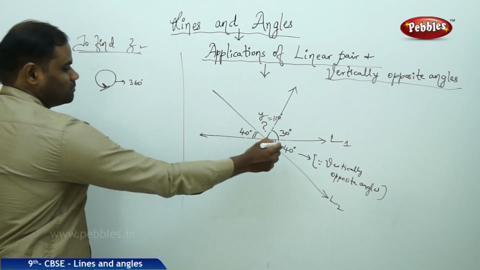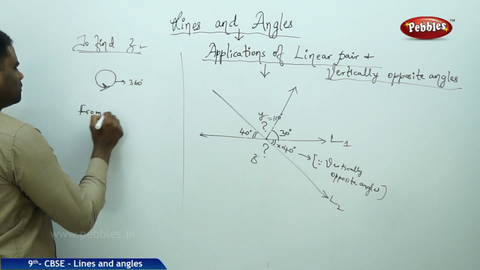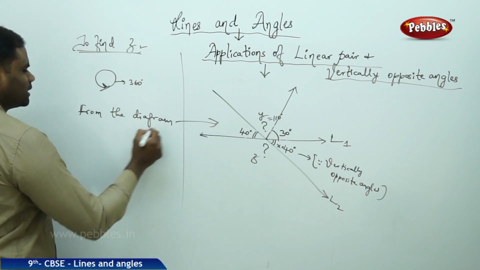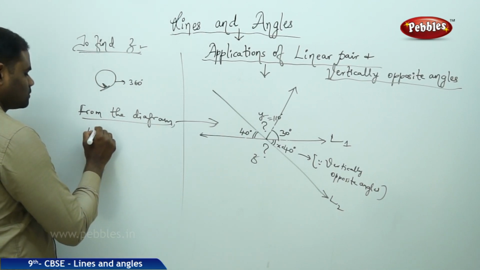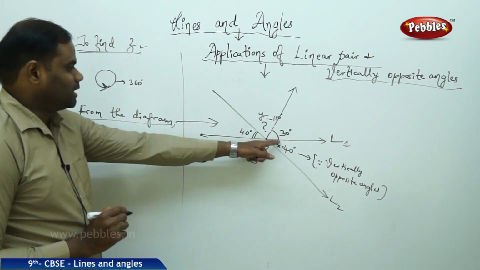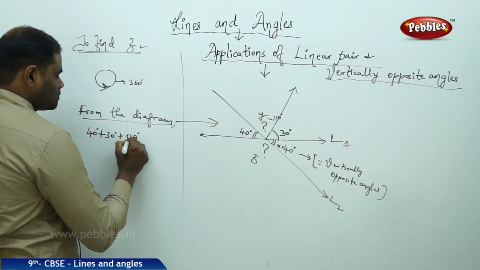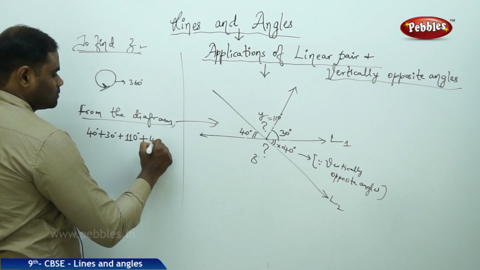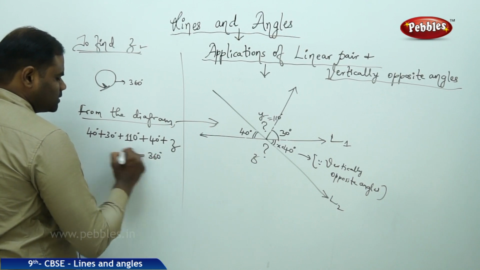From the diagram, I clearly see that 40 degrees plus 30 degrees plus 110 degrees plus 40 degrees plus z must be equal to 360 degrees.